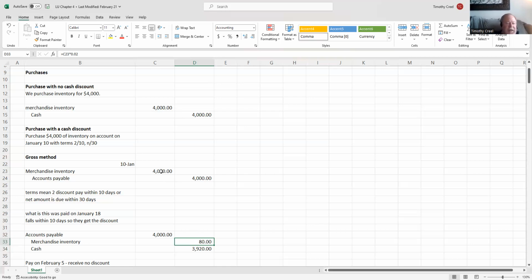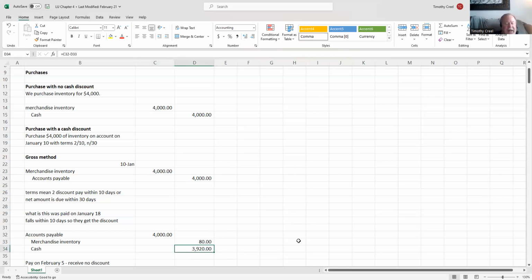Because you got $4,000 worth of inventory, but you're only paying $3,920 for it. That's why this credit will be offset against the debit for inventory.